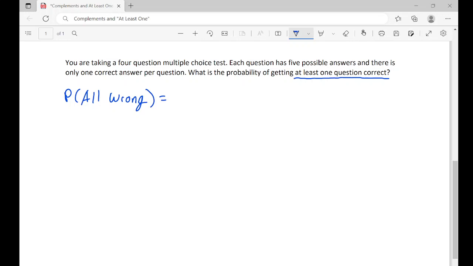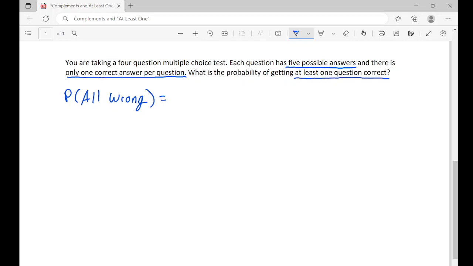Now we got to go and see how we can find out some numbers. Well, we know that there is 5 possible answers and only one correct answer per question. So we're given A, B, C, D, E. Well, only one of those can be correct, which means 4 are incorrect. So 4 out of 5 are wrong.